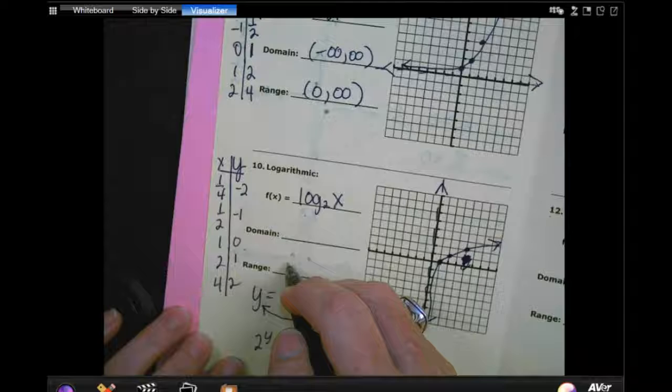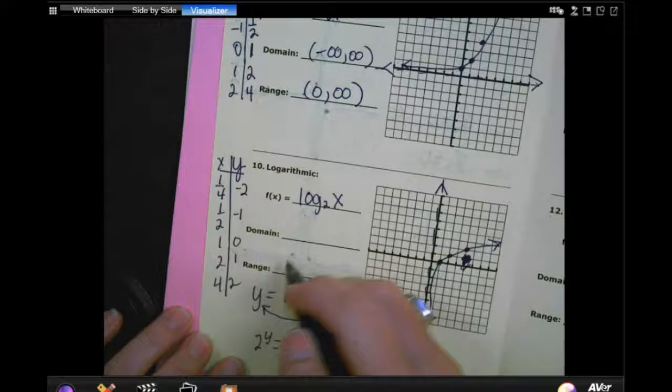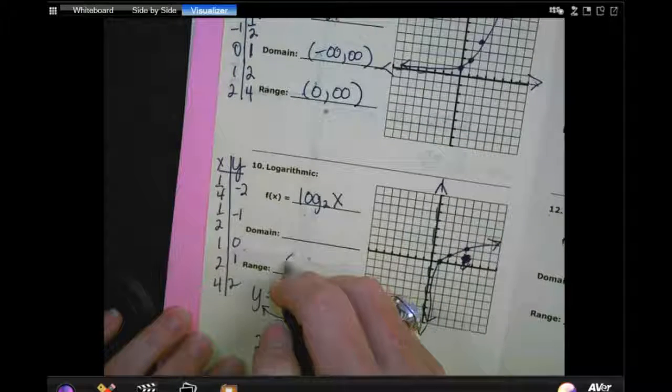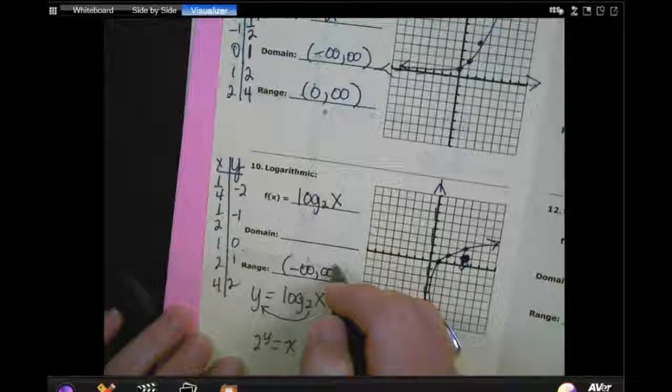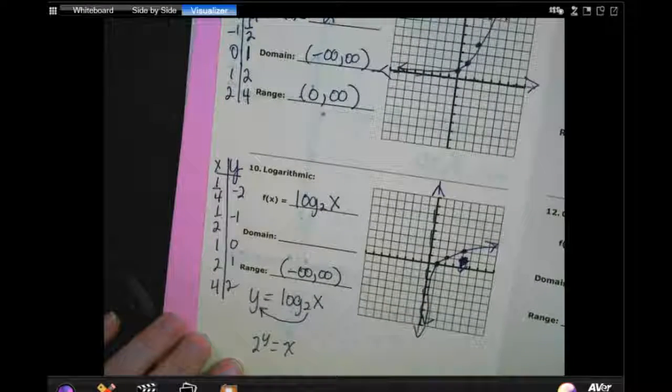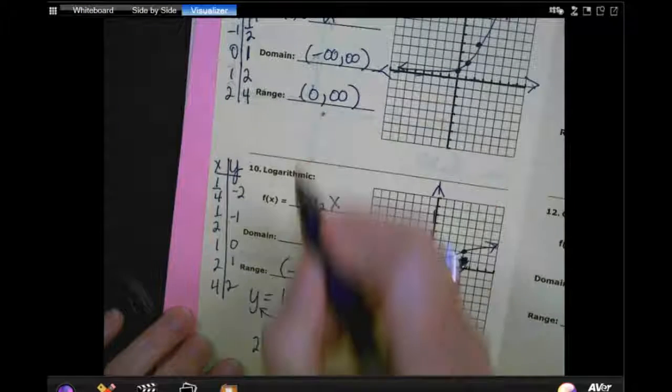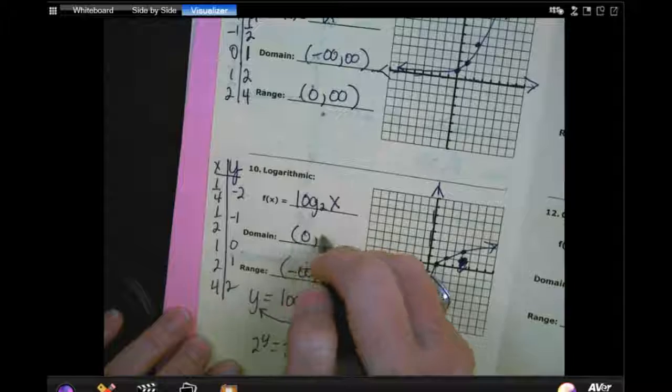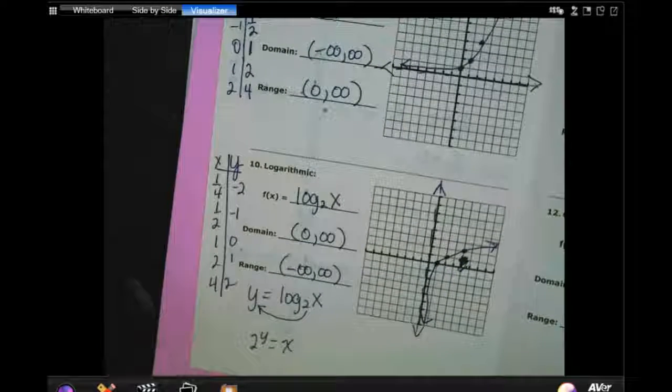But is it domain or range? It's domain for the exponential, so it's range. You have to flip them. The x becomes y, and the y becomes x. So the y becomes negative infinity to infinity.